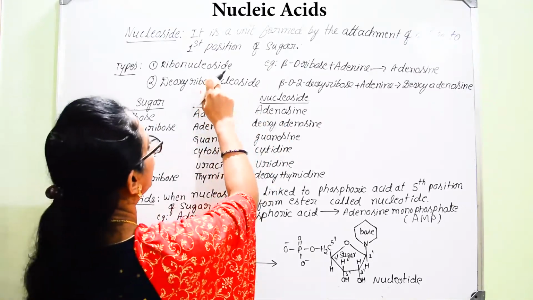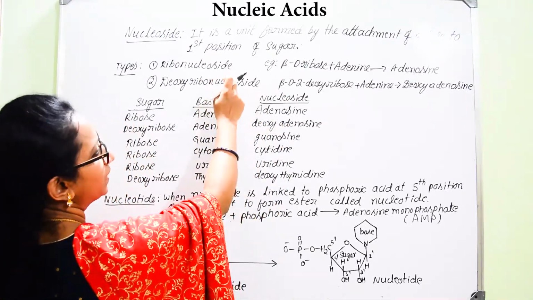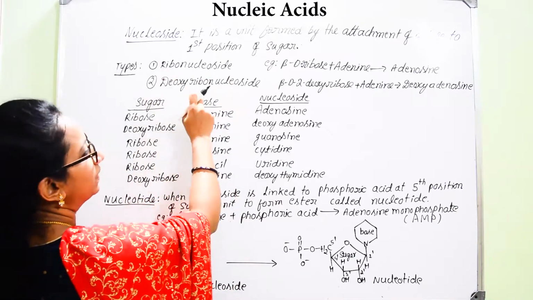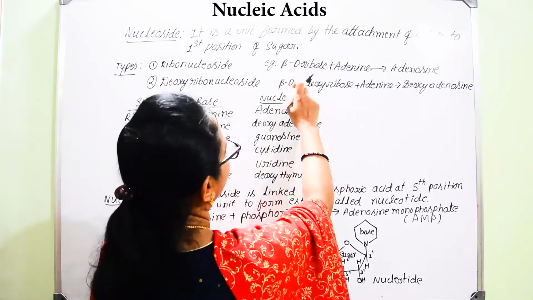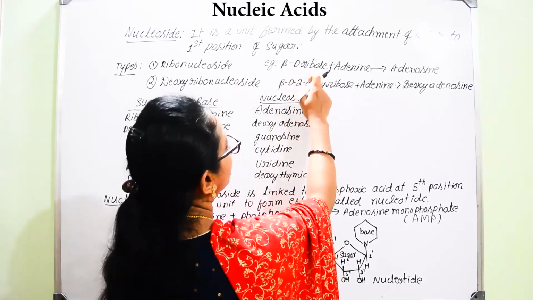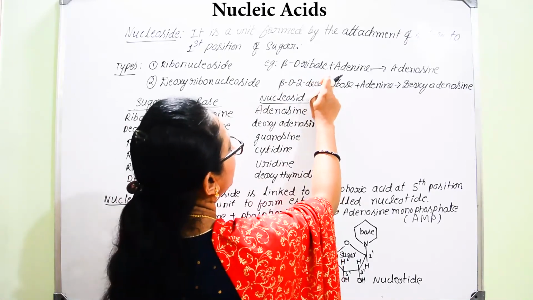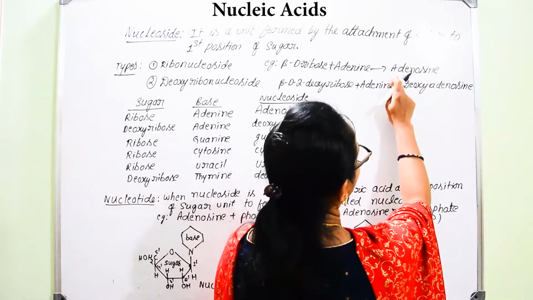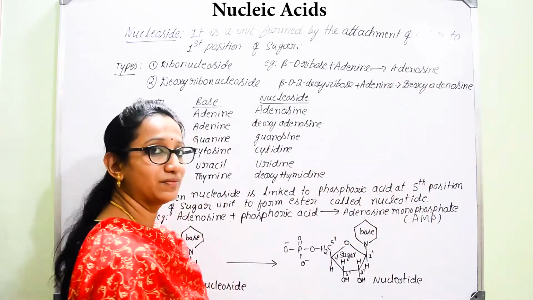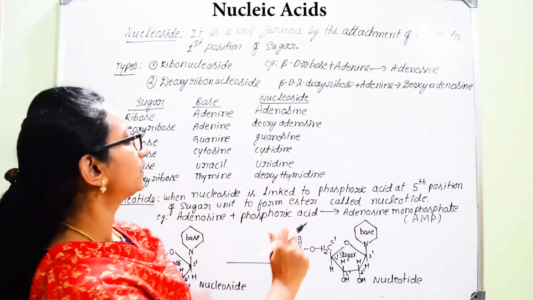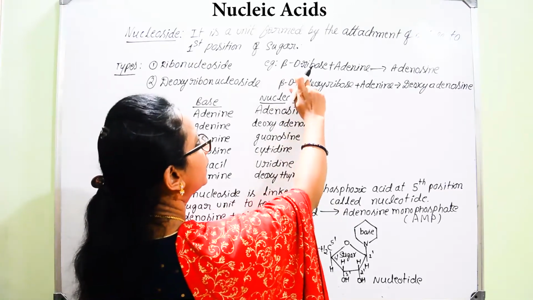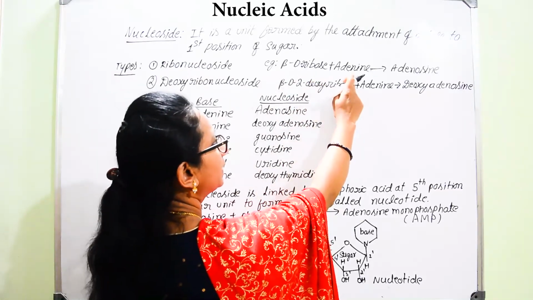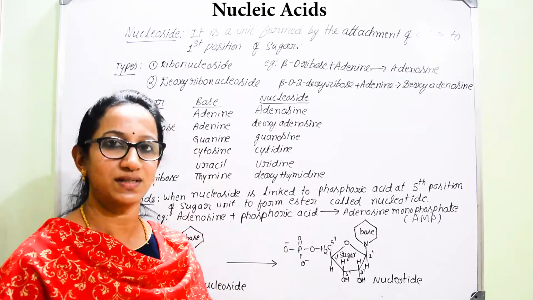Now, for how we get the formation of a nucleoside, we can consider one example. When beta D ribose combines with adenine, what is the resultant nucleoside named as? That is adenosine. The nucleoside obtained by the combination of beta D ribose with adenine is called adenosine.